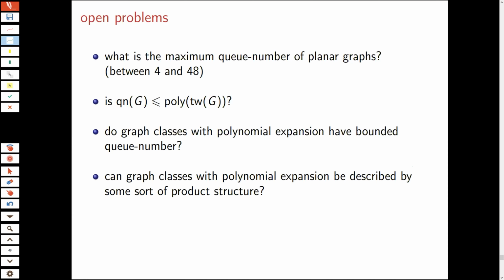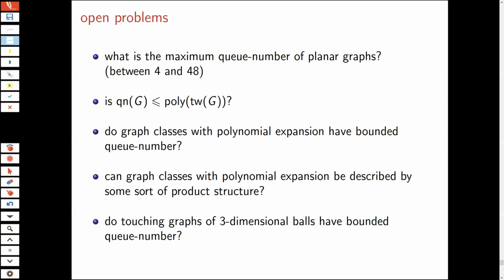But this sort of question, I find it's too abstract to even think about. You need to think about really good examples. Like the question of whether planar graphs have bounded queue number was a really good example question to discover the structure of planar graphs. So thinking about examples here is the right approach. And here's a very good example. Do touching graphs of three-dimensional balls have bounded queue number? Now, if you replace 3 by 2 here, it's exactly the planar graphs by Koebe's disk packing theorem.